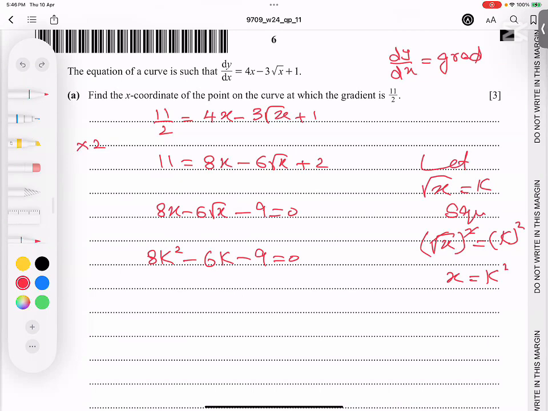We can go for two options, either factorization or the quadratic formula. 12 6, 12 6.